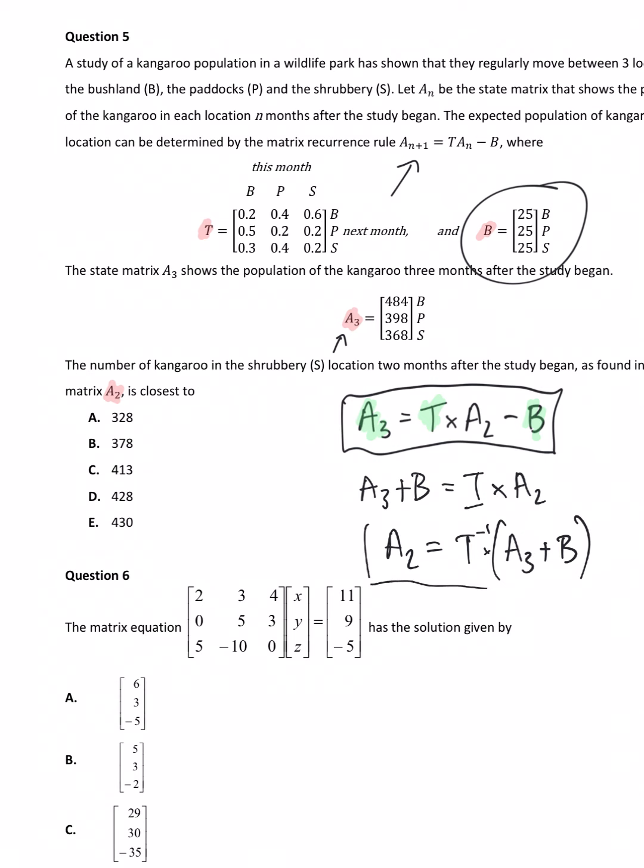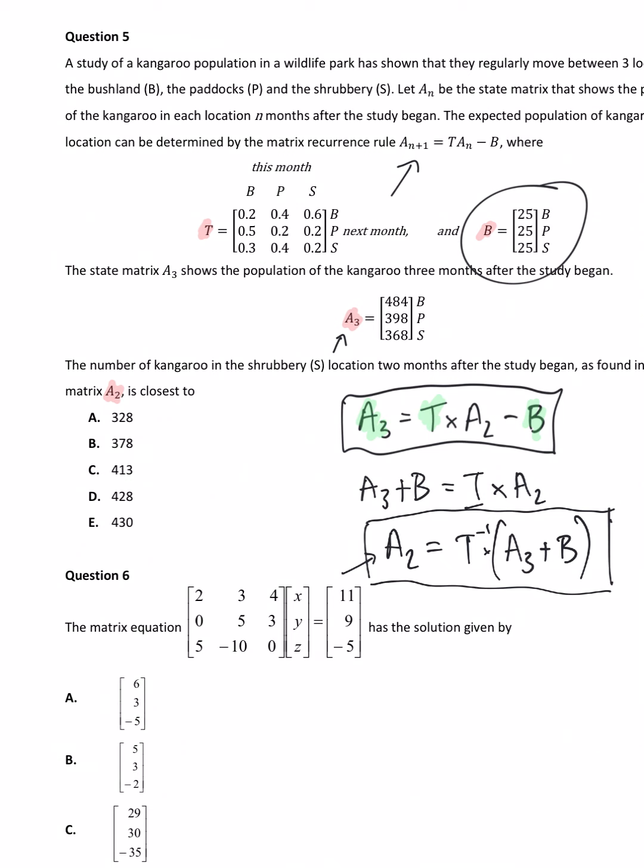If you don't want to remember how to do it, that's fine. But if you're ever trying to find the one before, it will essentially follow this format. So we've got to do the inverse of T times, including the brackets, A3, which we've got, plus B, which we've got in brackets.